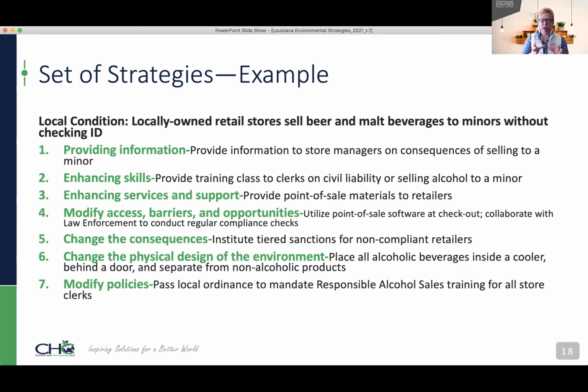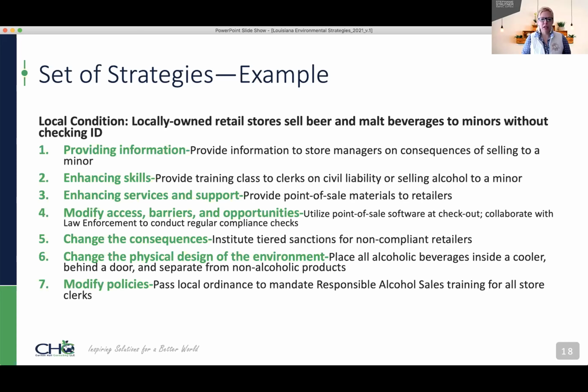And moving those alcoholic beverages inside a cooler, and not at a little stack or kiosk next to the door where somebody could easily grab a single and stick it in their pocket, or grab a case and just walk out the door with it. We have them in an area that's less accessible in the store.